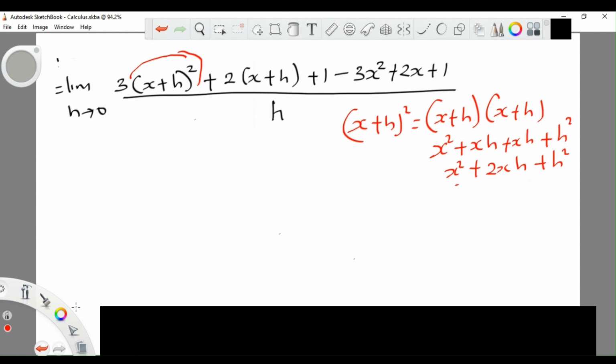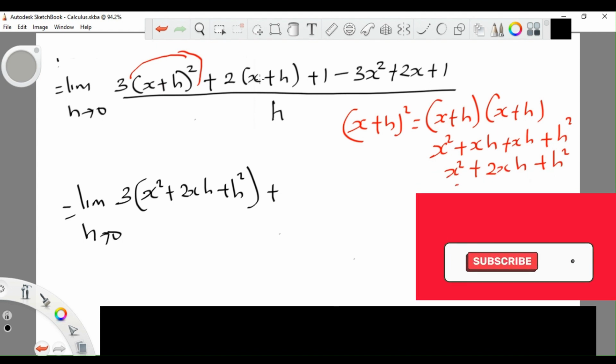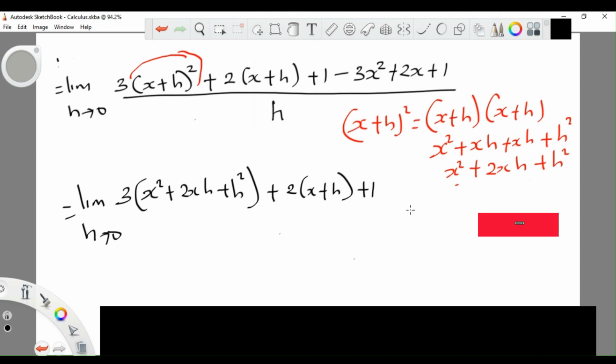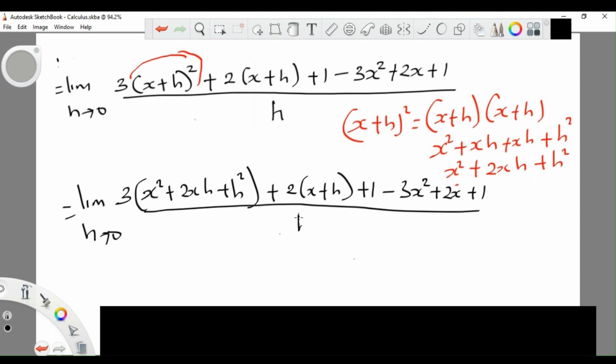So therefore, we have the limit as h tends to 0. We have 3 open bracket, replace x plus h all squared with x squared plus 2xh plus h squared, plus 2 times x plus h, plus 1, minus 3x squared plus 2x plus 1, over h.